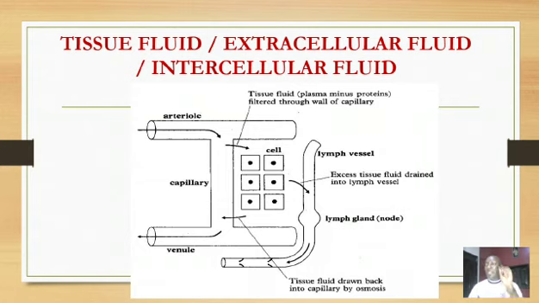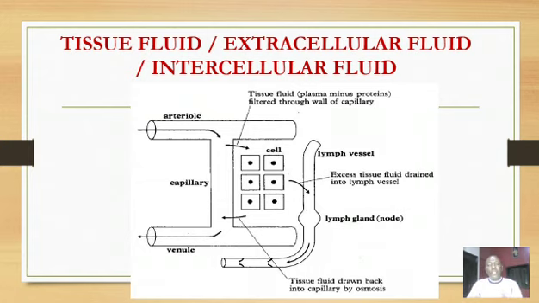This means that hydrostatic pressure is very important in forcing these small molecules from blood across capillary walls into the tissue. But there are molecules that remain behind, the large ones, protein molecules and the red blood cells. Those protein molecules which remain behind in blood, the ones that are not filtered, bring about a force, a pressure which we are calling osmotic pressure.